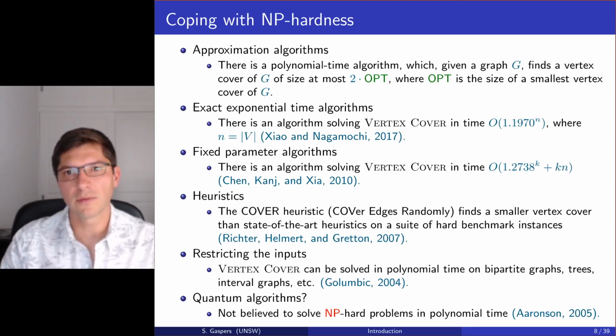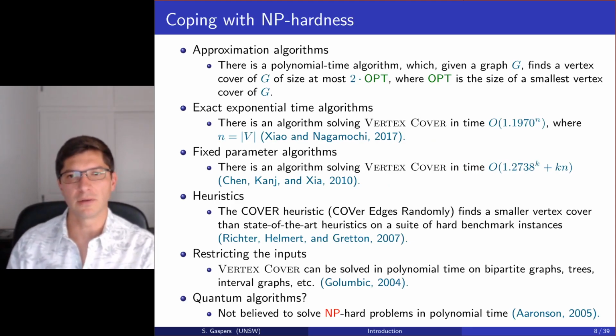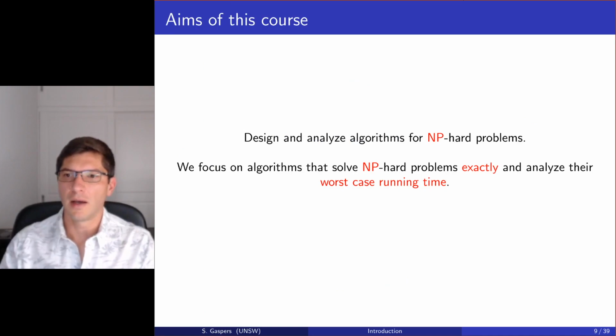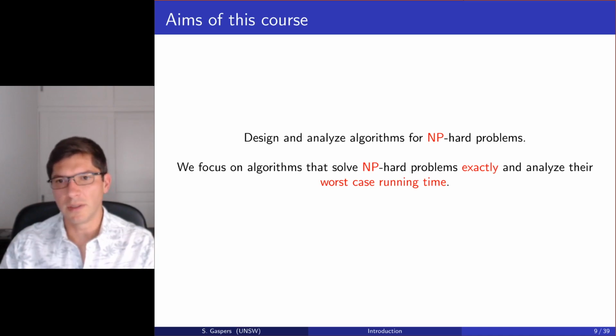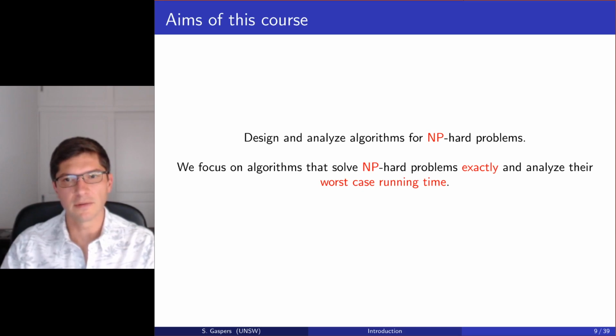We will also briefly touch on approximation algorithms, where we get a guarantee of the optimality, but we always only look at the worst case running time. So we don't do average case analysis or typical case analysis, which are much more difficult to do, actually.